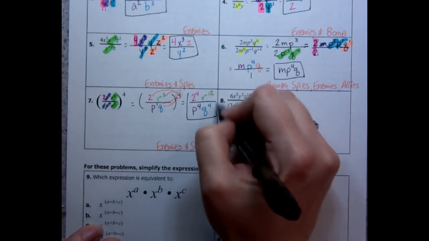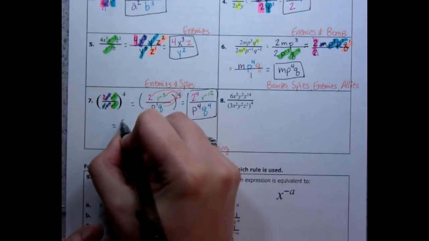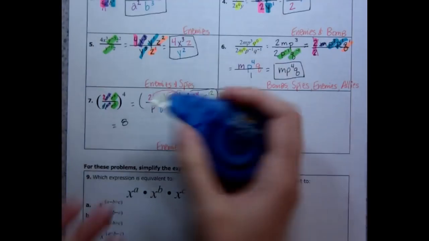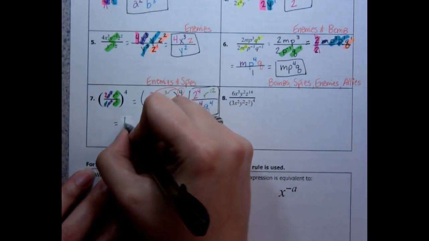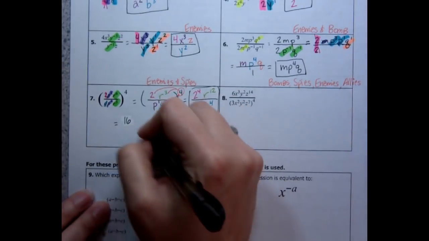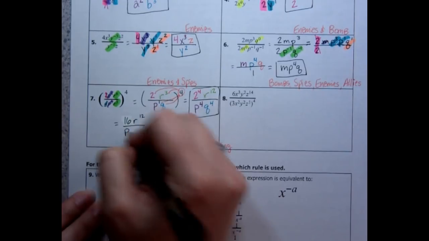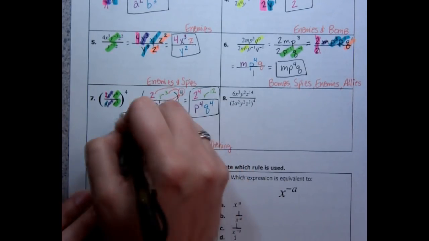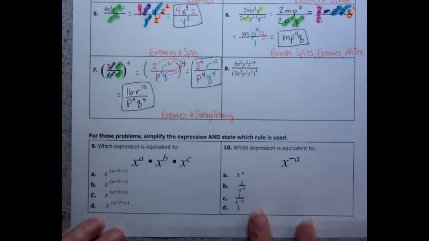You can either leave it like that, or you can actually multiply out. 2 to the 4th is actually 16. R to the 12th over P to the 4th, Q to the 4th. Either way is fine. Make sure if it's multiple choice, you can find the other one.